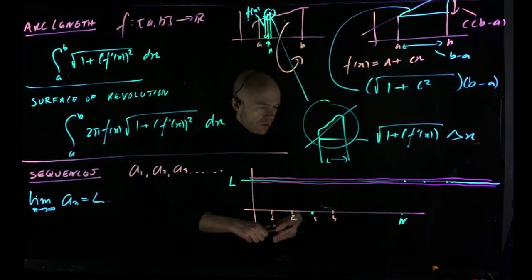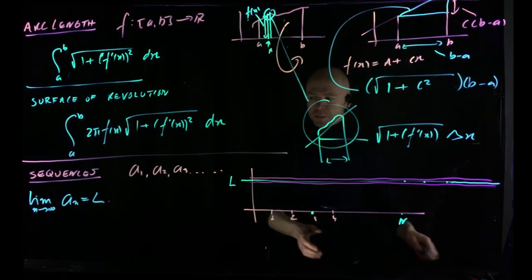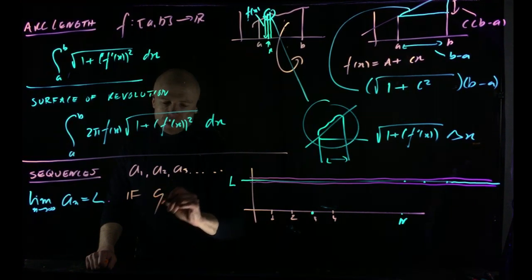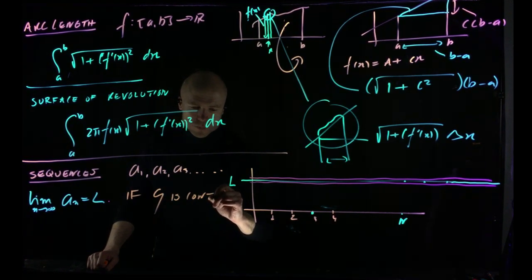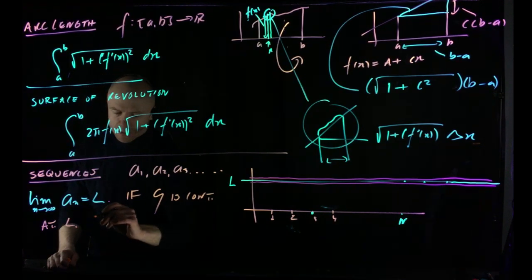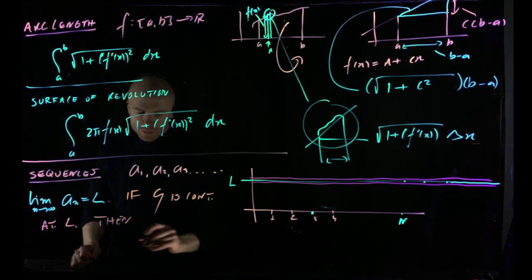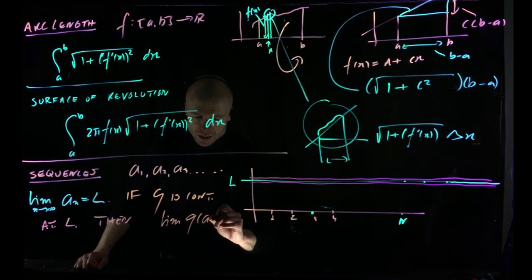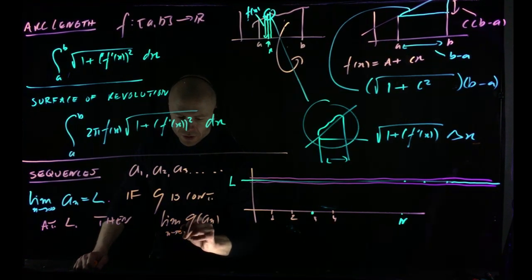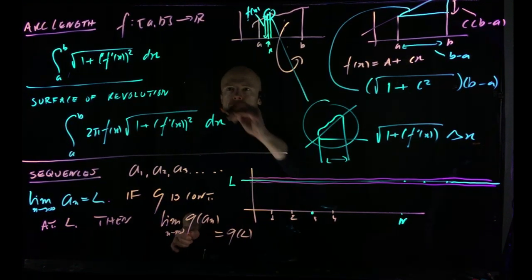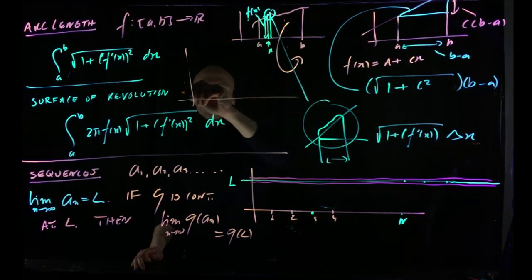We have some reasonably obvious things, I hope. So if g is continuous at L, then the limit as n goes to infinity of g(a_n) will just be g(L). And again, this is just a picture, so let's draw a graph of g.